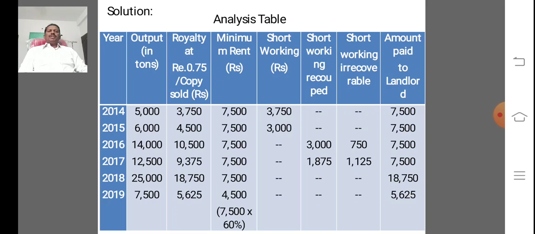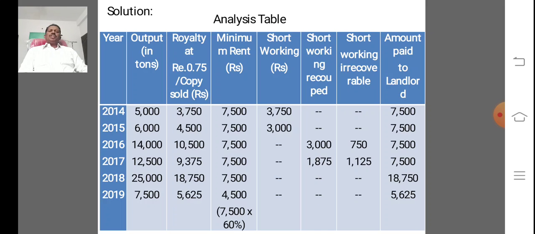In 2015, 6,000 tons into 75 paise per ton is 4,500. The minimum rent is 7,500. In this case also royalty is less than minimum rent. The difference, 7,500 less 4,500, is 3,000 of short workings. So finally 7,500 is paid to landlord.